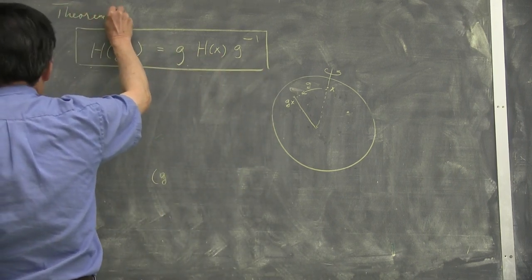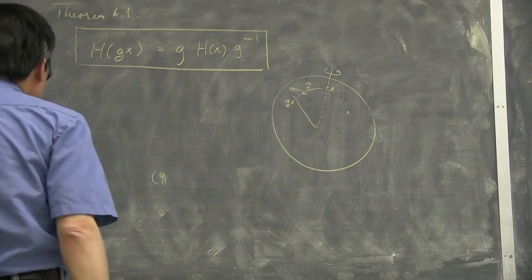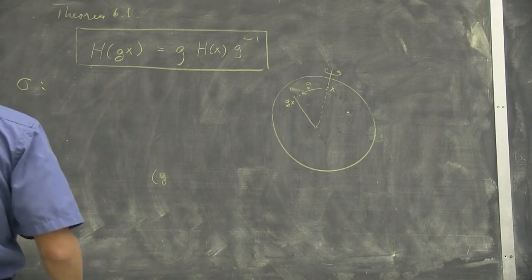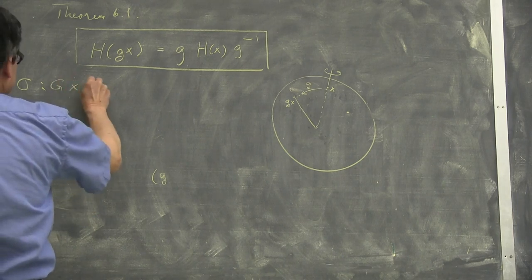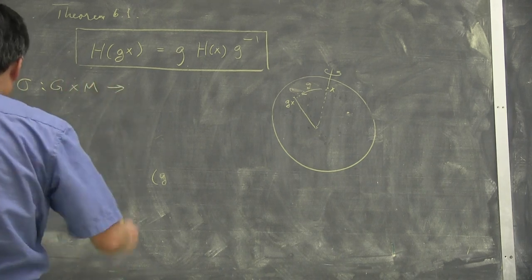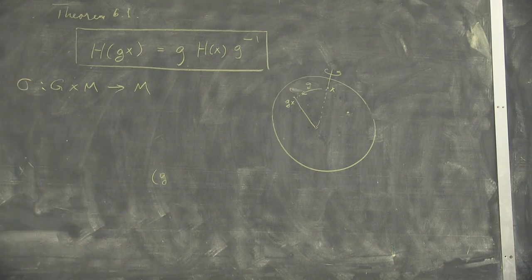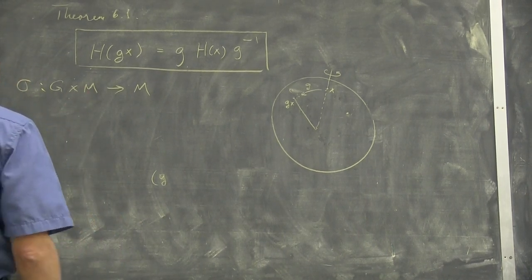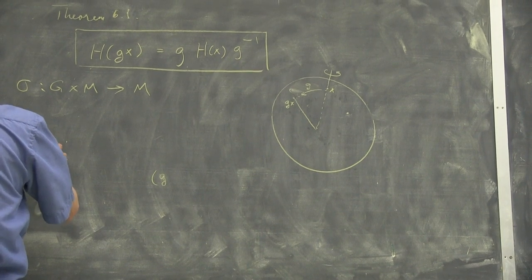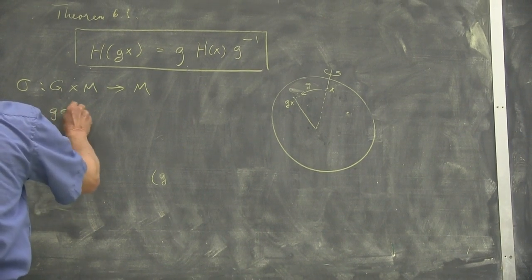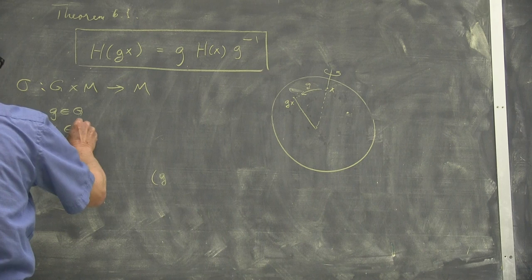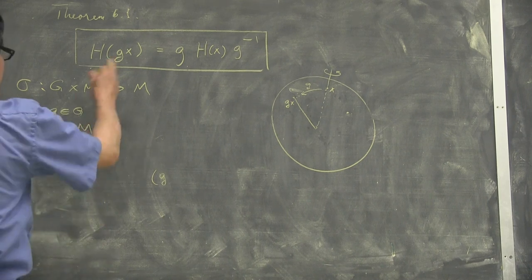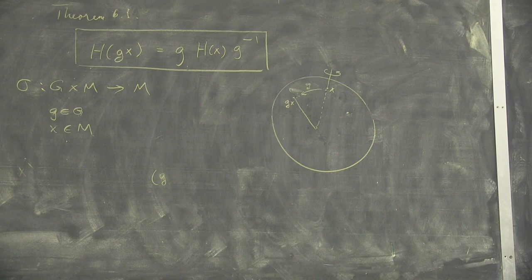So this is theorem 6.1, which is actually stated in very general terms for any group action. Supposing you're given some group action sigma, big G being the group and M being the manifold on which it acts, and g in G and x in M, then this is true.